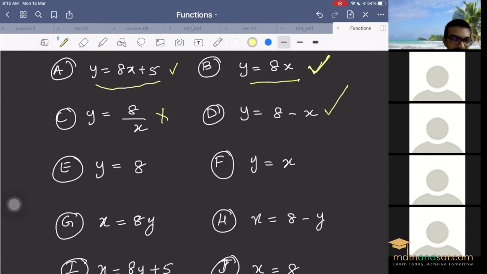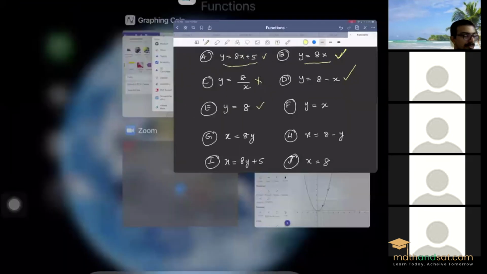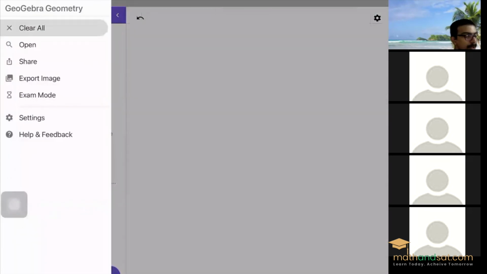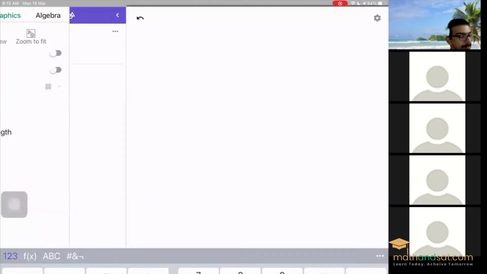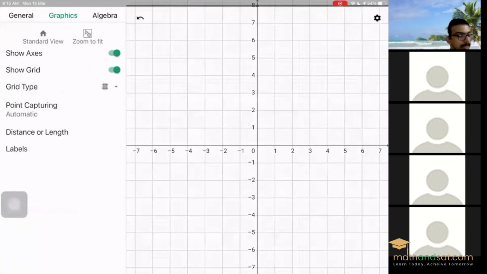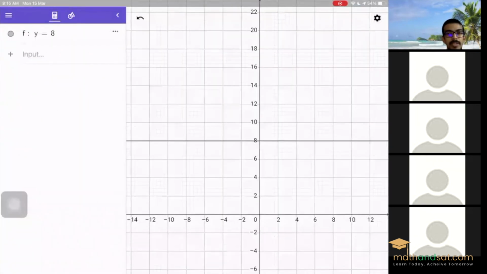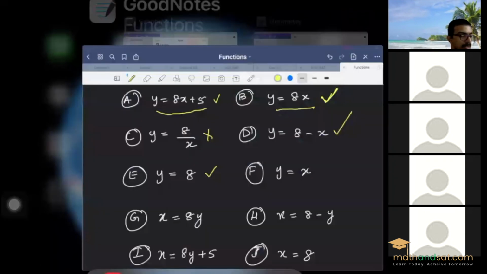In fact, this is considered a special case of a linear function, because if you plot y is equal to 8, you are going to get a straight line. So even though that's a constant function, we consider it a special case of a linear function. All right. So this is a linear function.